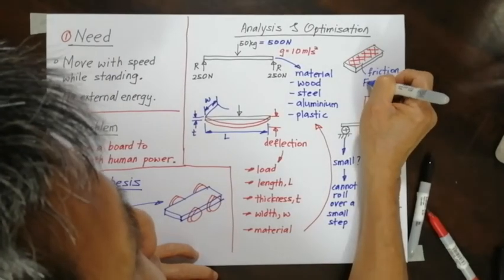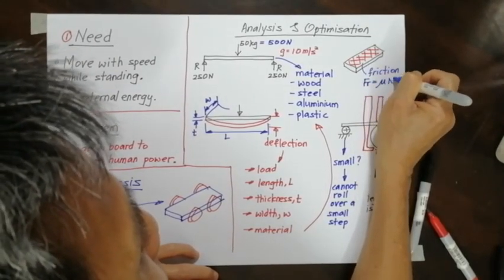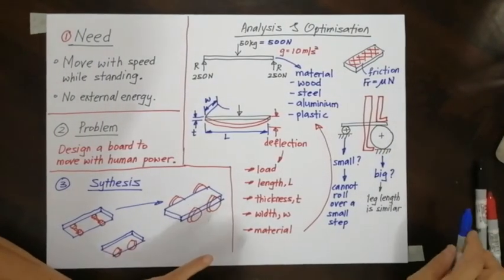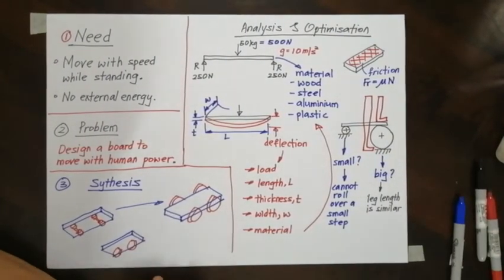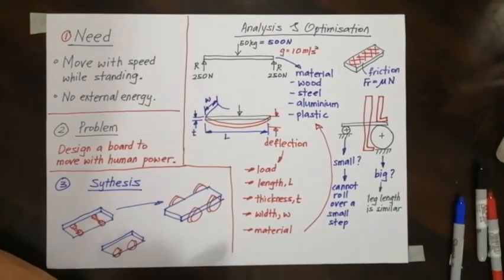Friction is equal to mu N. So in short, you realize that during the analysis and optimization phase, we are looking at the engineering aspects of the design. I will stop here and I will change the paper and continue my video.